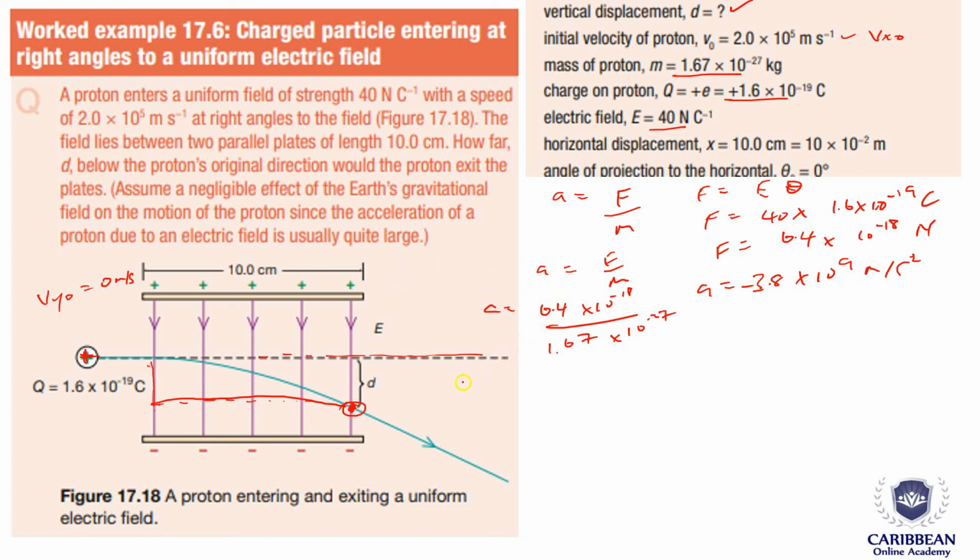All right. Now, with that being said, we can use one of our equations. That equation is S, because we want to find the displacement, which is S. So S is equal to ut plus a half at squared. We can find the time the system took to travel by using the information we know about the horizontal.